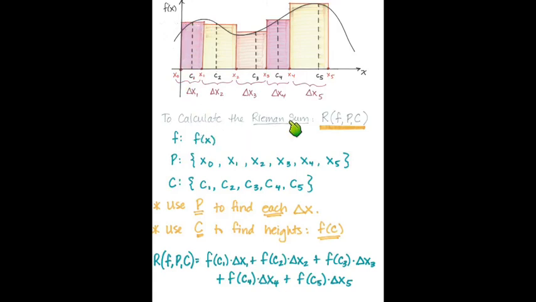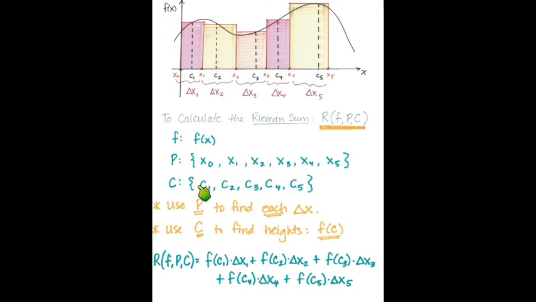To calculate the Riemann sum, which is the addition of all of these areas, this notation is very important. This is Riemann sum notation. It says we're going to do the Riemann sum of the function f, where all of our endpoints are the set P, and then we have all of our sample points, these c's. Our function is called f of x, our endpoints are all of our x's, and in this case I have 5 rectangles, so I have 6 endpoints.